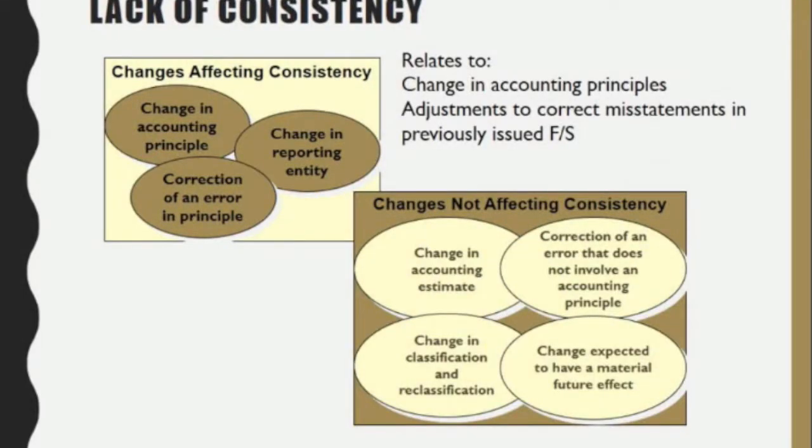So consistency, we expect clients have under GAAP different permissible ways to recognize things or account for things. So for example, depreciation. The client can use any number of methods, straight line, double declining balance, those are all permissible under GAAP.